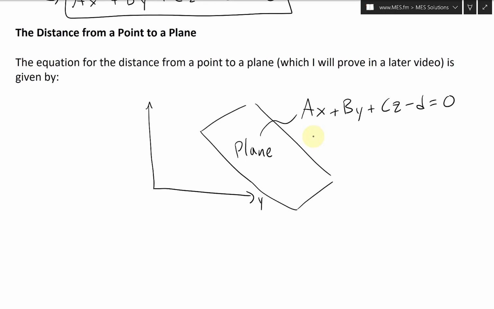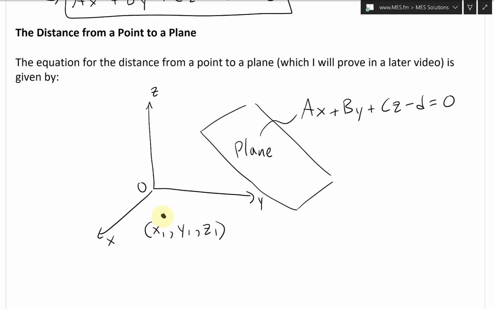This is our y, this is our x, and this is our z, with the origin here. Let's say we had a point, and instead of calling it P, because we already have P for something else, let's say this is (x1, y1, z1).